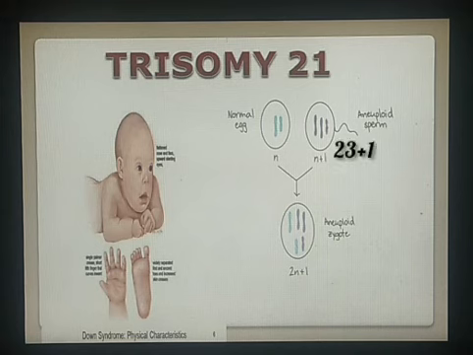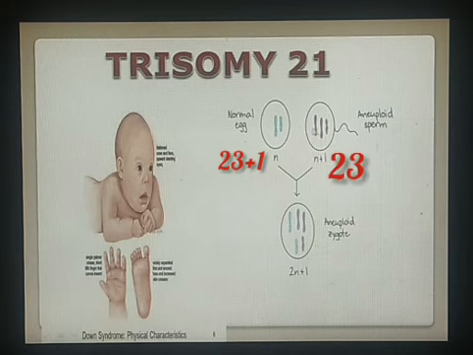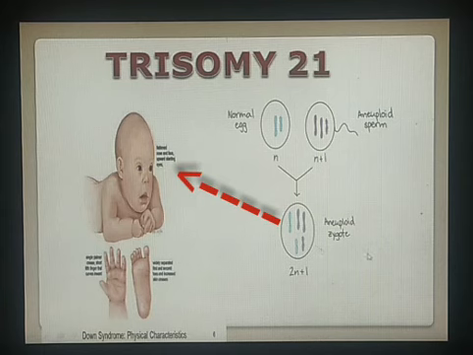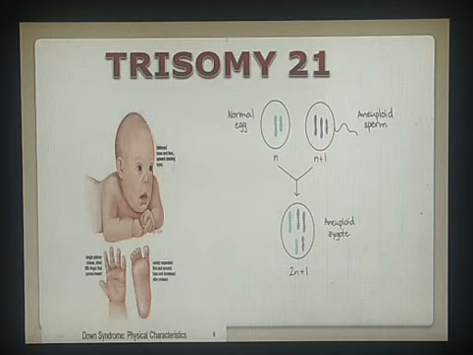If an aneuploid sperm, that is, a sperm having one extra chromosome, fuses with a normal egg, or an aneuploid egg fuses with a normal sperm, that leads to the formation of an aneuploid zygote. This zygote will develop into an individual with one extra chromosome in the cells.